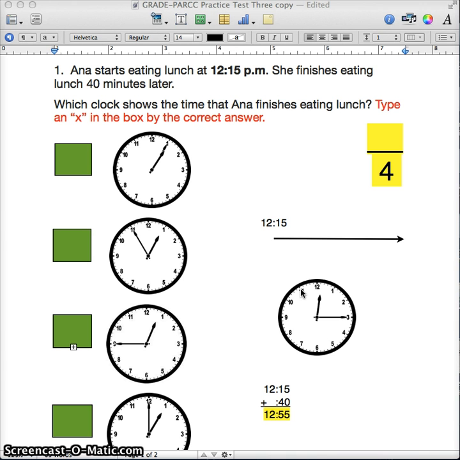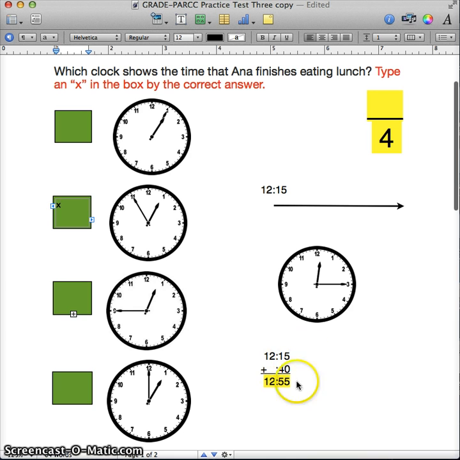My long hand or minute hand is going to be pointing here to the 11. Oh, I have one just like that. It's going to be 5 minutes to 1 or 12:55. So that makes this the right answer. Boom. I noticed some kids using this kind of a strategy as well, and this is a good one for this one as well.